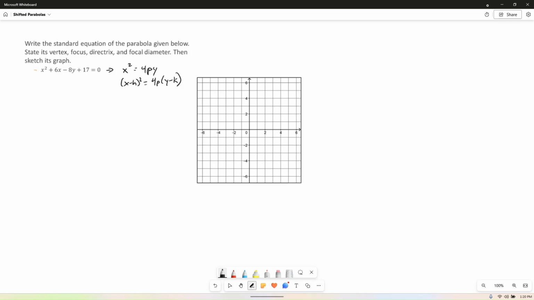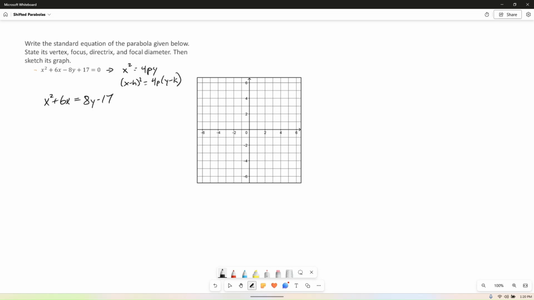So let me rewrite this equation as x squared plus 6x, and that's going to now equal a positive 8y minus 17. And again, I'm just trying to organize the variables so that I can eventually match it up to this equation. I want the x's on the left, the y's on the right, because it's x squared equals 4py.